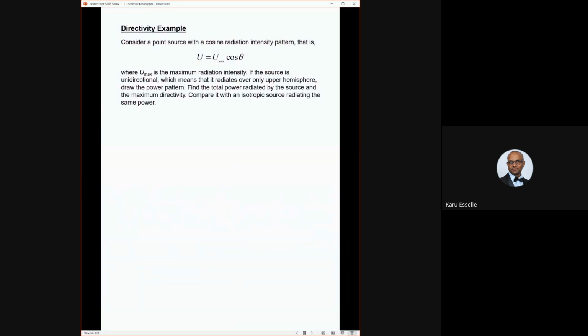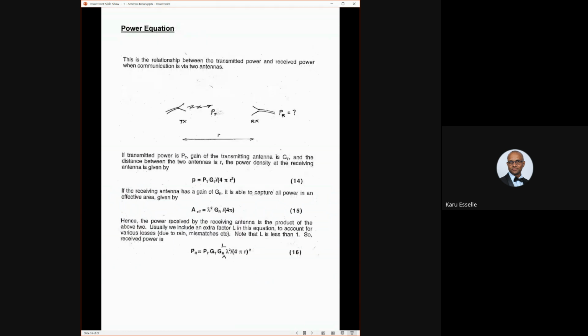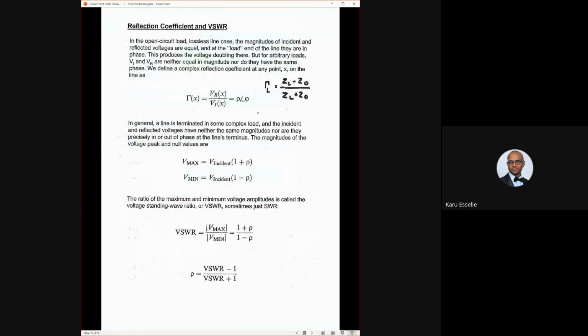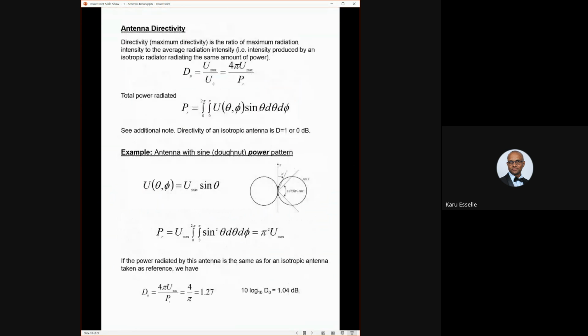So I already mentioned this one, right? Okay, maybe not. This is another example if you want to do a practice exercise. This is a radiation pattern of an antenna. I believe this is different to the one I did before.